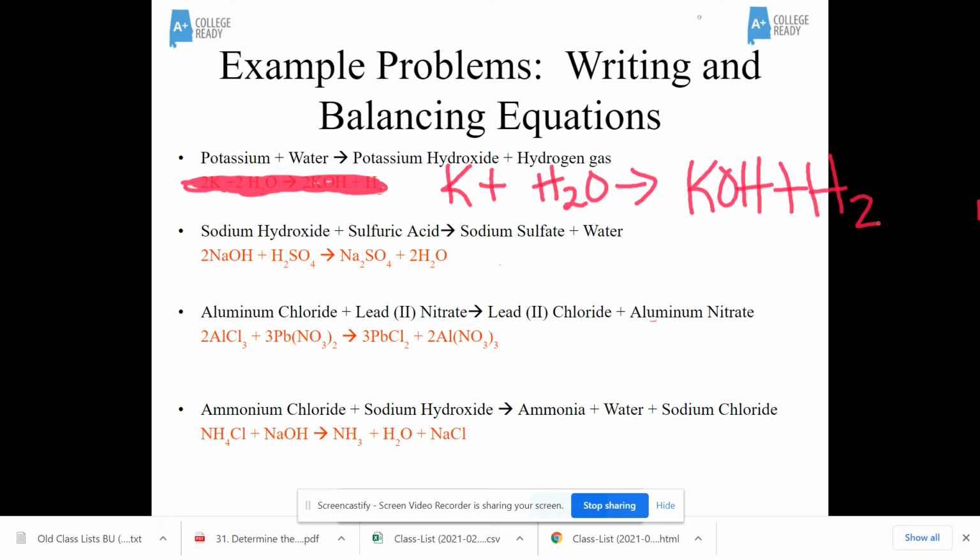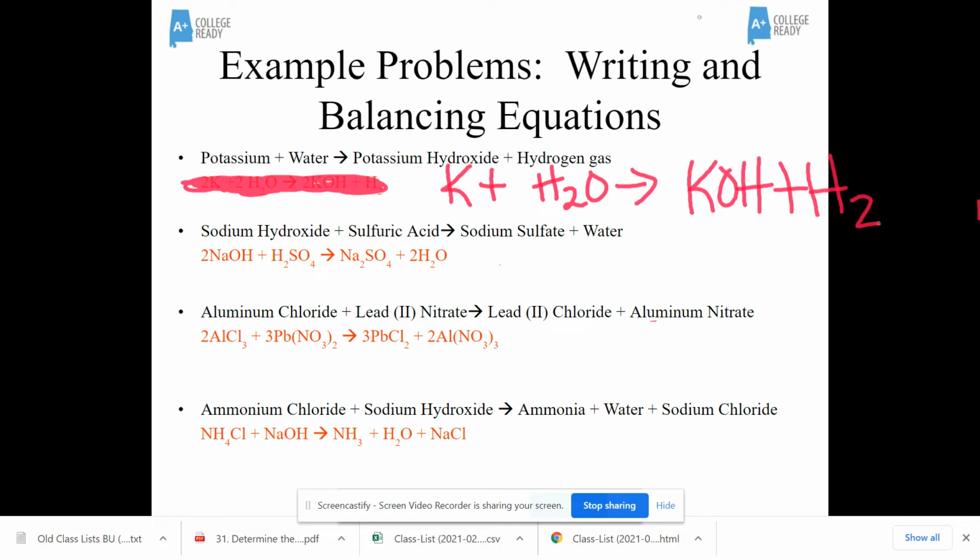No. How many do I have on the left? 2. How many on the right? 3. Do I have the same number of O's on the left and right? Yes, I do. So somehow I've got to get from 2 hydrogens on the left to 3 hydrogens on the right, because I can't just have 1 hydrogen appear out of nowhere.